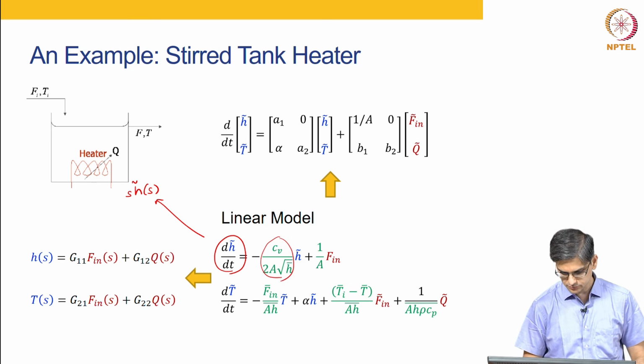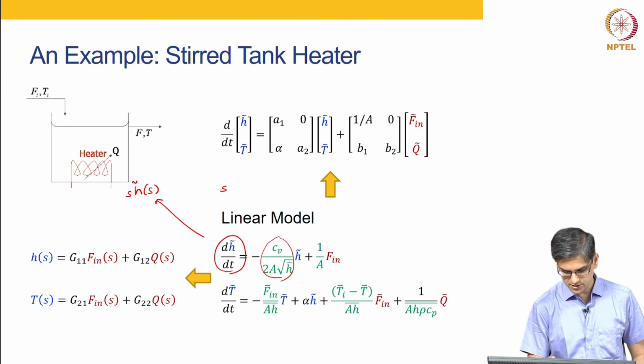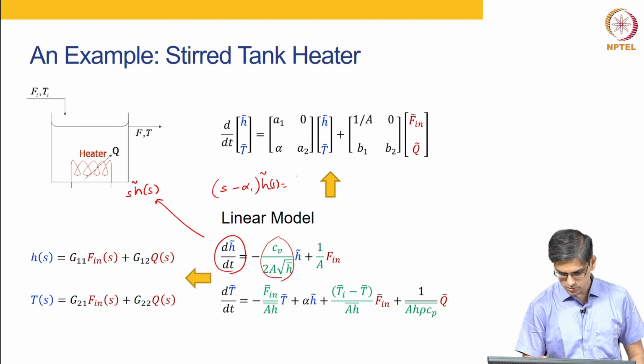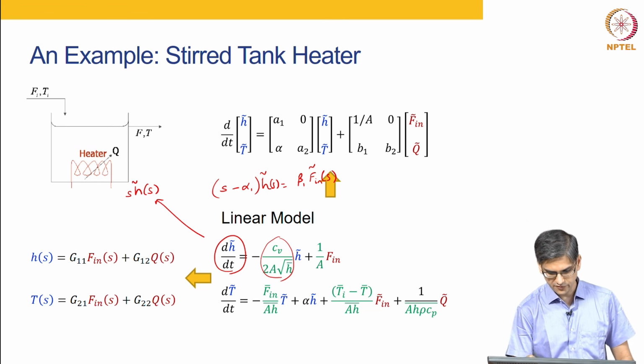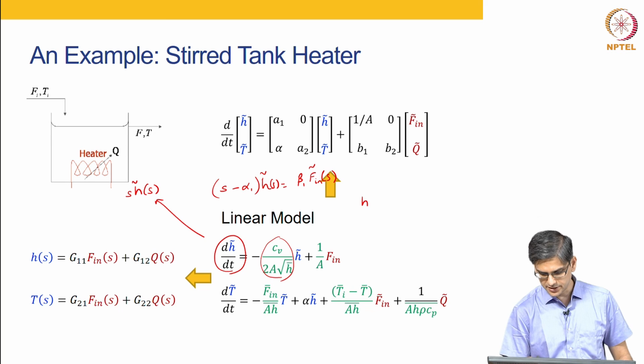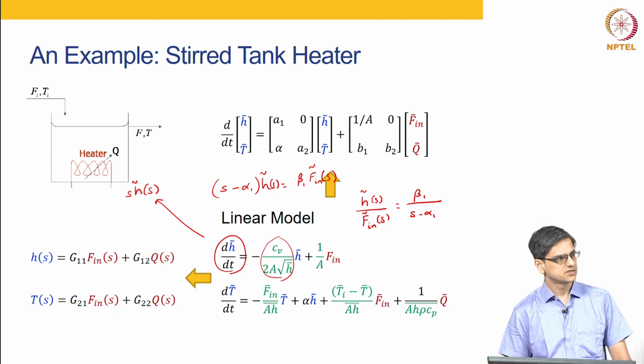This one you can take to the other side, and you will get S minus alpha 1 multiplied by H tilde S equal to 1 by A, or we can call this beta 1, Fn tilde of S. When you divide that, you will get H tilde S divided by Fn tilde S is nothing but beta 1 divided by S minus alpha 1.